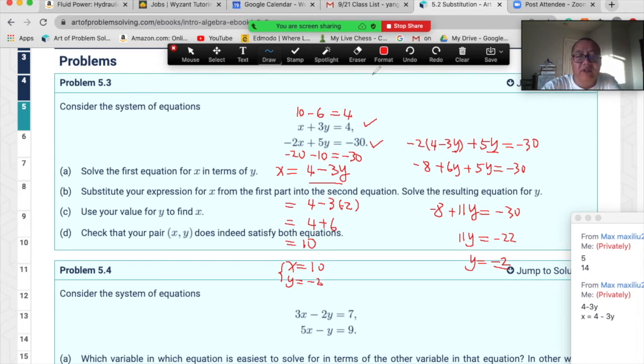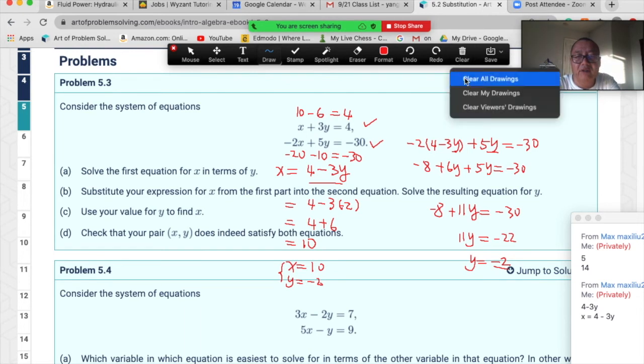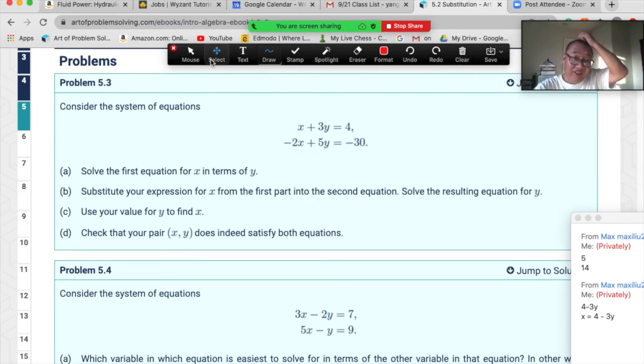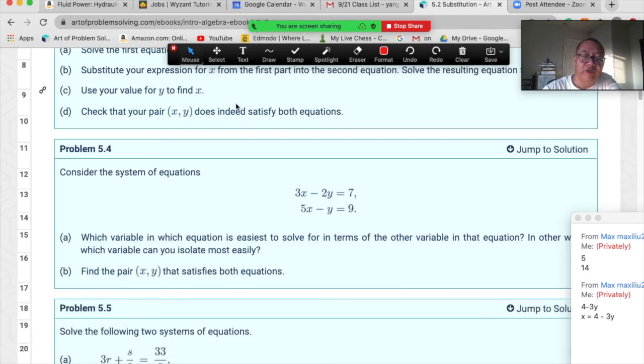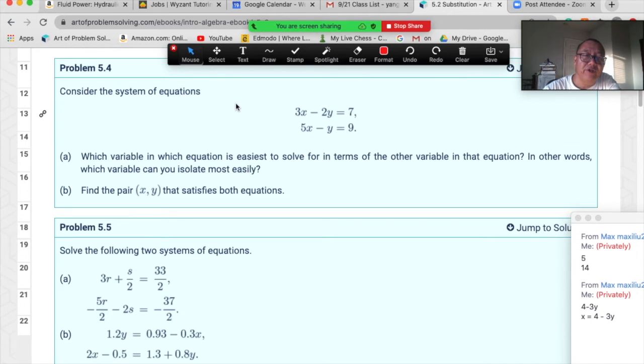Now let's see the next example. This one is 5.4. Consider the system of equations 3x minus 2y equals 7, 5x minus y equals 9.